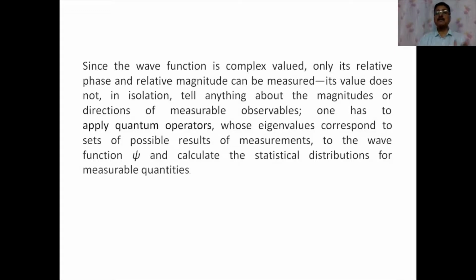So psi itself is not measurable, but mod psi square will give you the probability, the measurable quantity. The results will be the measurement of physical quantities, but psi itself is not a physical quantity. It's a complex wave function. You cannot relate it to something physical.